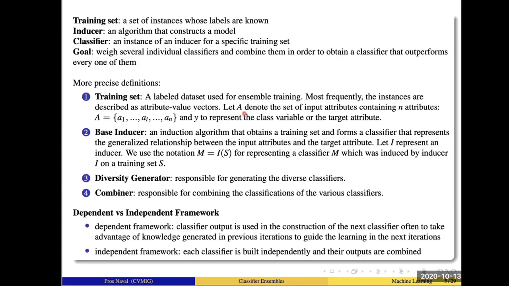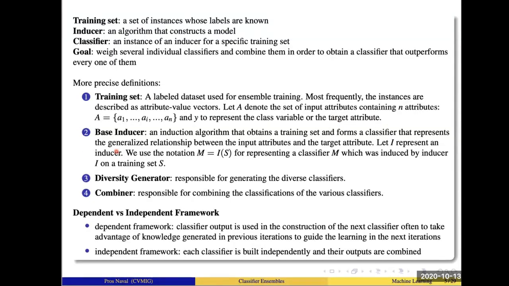Then let A denote the set of input attributes, or features if you want, containing n features or attributes. So these are the features, A1 up to An. That's A. And Y represents the class variable or the target attribute.